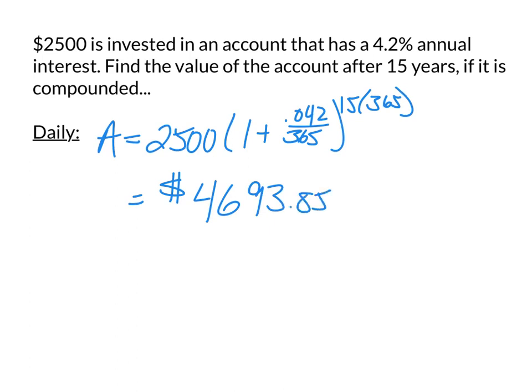So that increase from monthly to daily, even though we compounded interest a lot more often, remember, we've also cut that interest rate a lot more times as well. It does actually result in an interest that is $5 more, which is an increase, but it isn't as big of an increase as it was from going from annually to monthly.